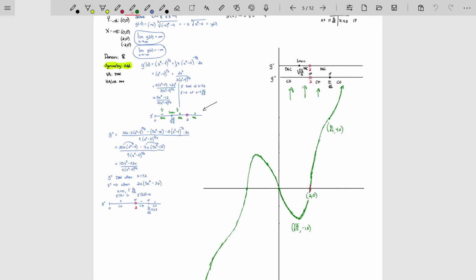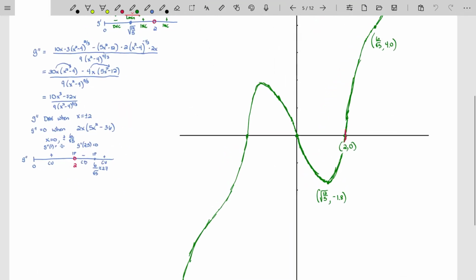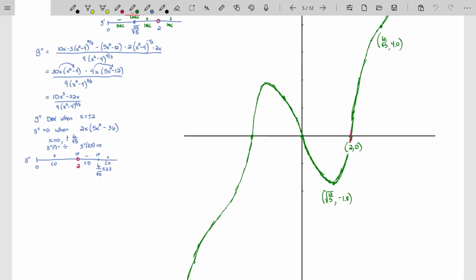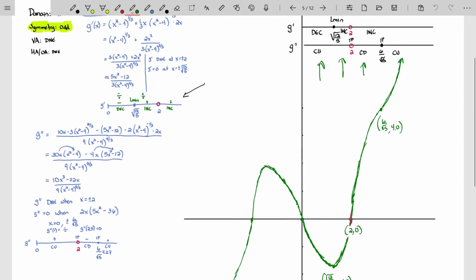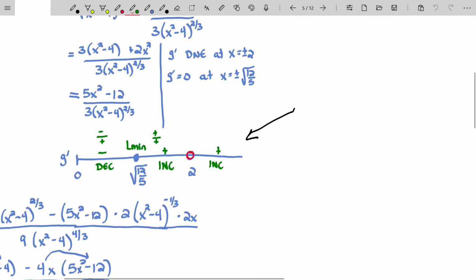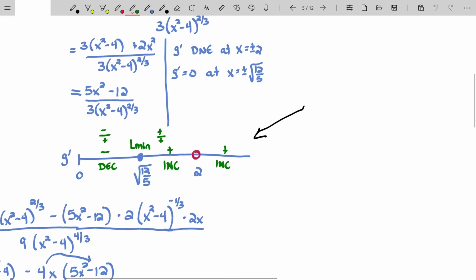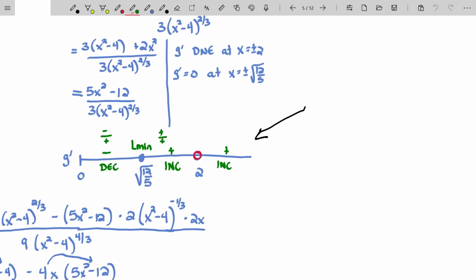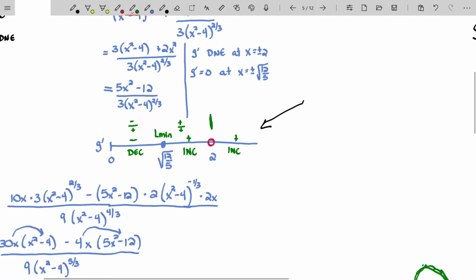Now, I almost walked away from this video without mentioning something here that I need to mention. Remember when we were taking the derivatives and stuff like that, we said, oh, the derivative doesn't exist at 2, so we're likely to have a kink, a cusp, or maybe the tangent line goes vertical just for a moment at 2.